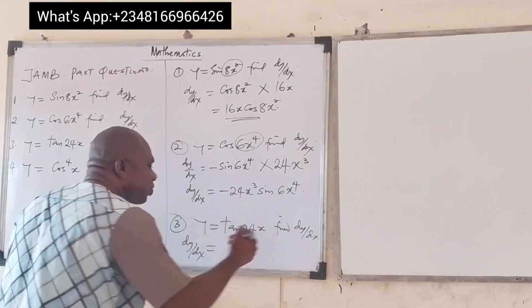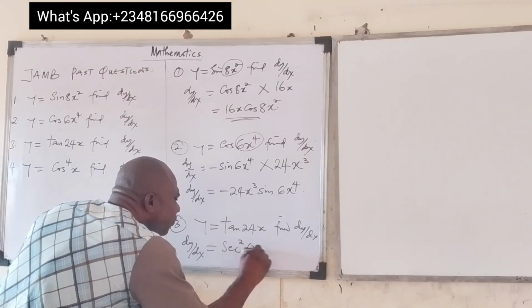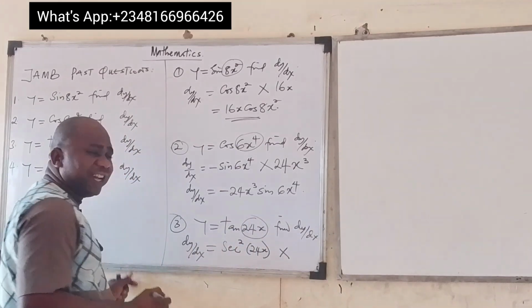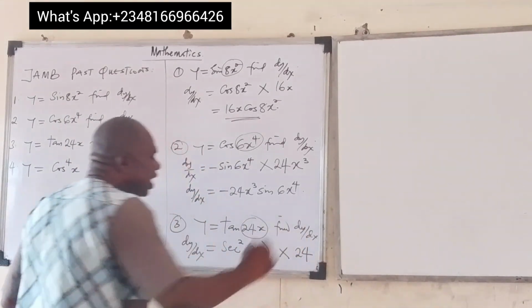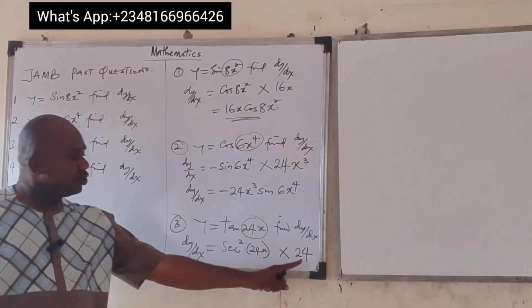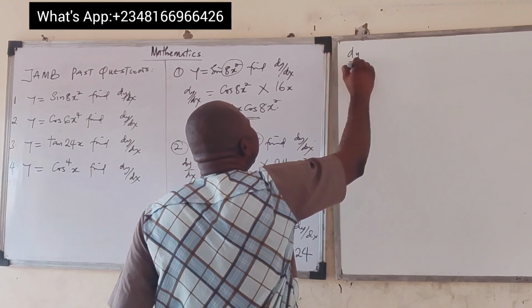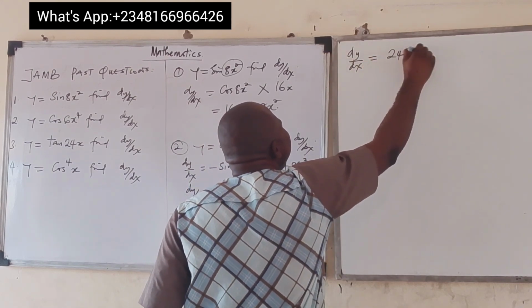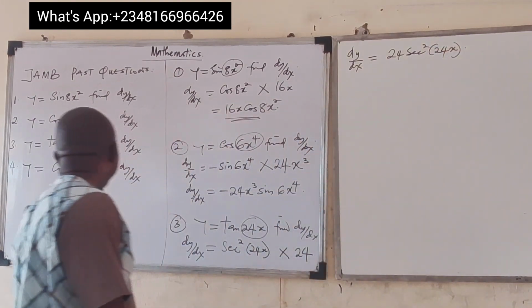So when you differentiate tan 24x, it gives you sec squared 24x. Then you multiply it by the derivative of the function that is taking the position of x, so that will give us 24. When you differentiate 24x, it gives 24. So dy/dx will be equal to 24 sec squared 24x. That's question number 3.